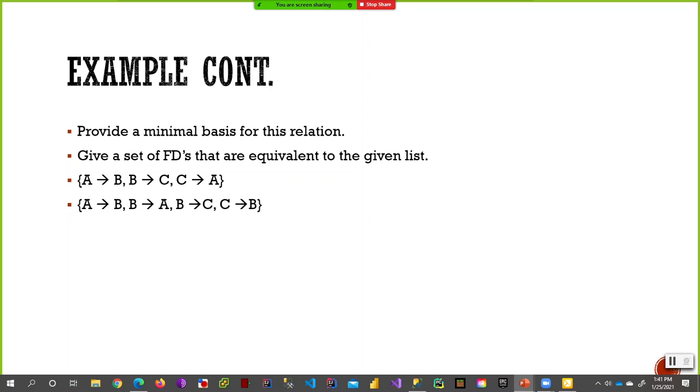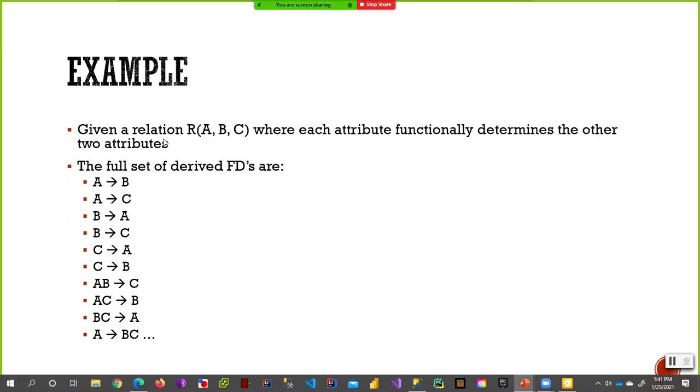Now, as a practical matter, when I give you an exam or some homework, I'm not going to ask you to compute a basis for a set of functional dependencies, because I would rather you list the functional dependencies separately.